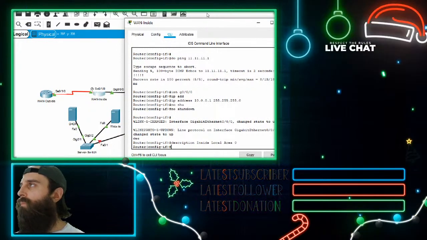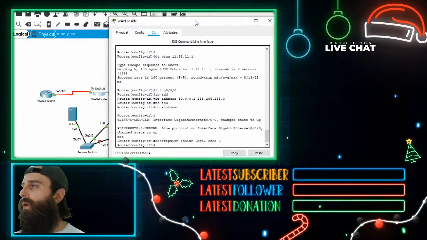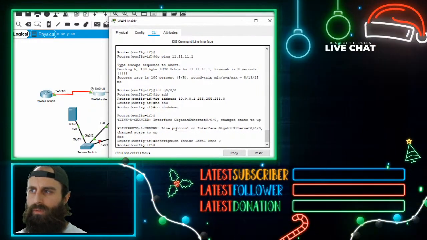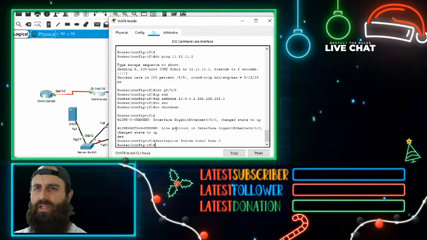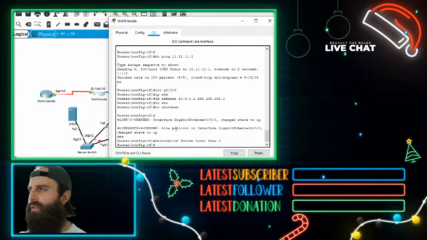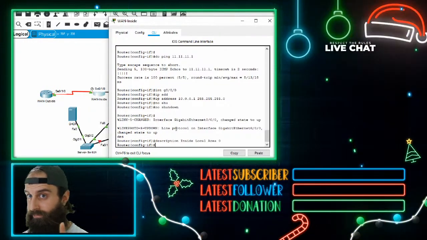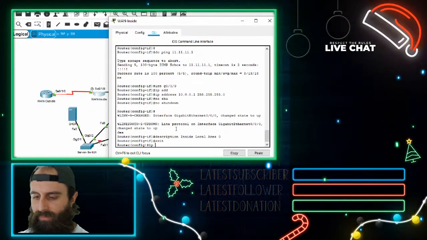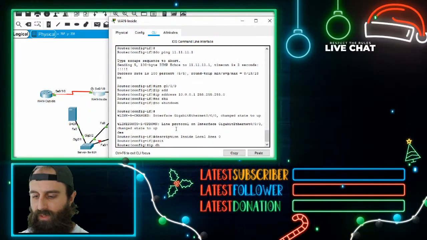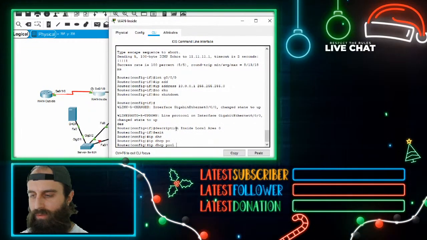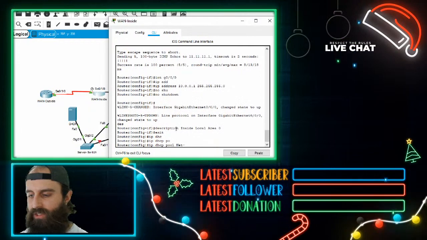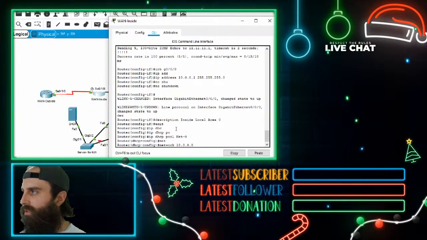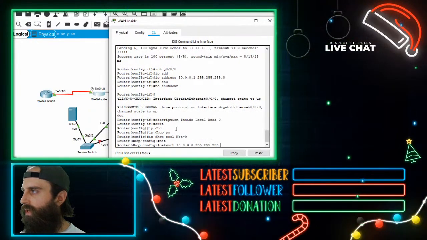All right, so that's the first one. Now what I will do, I'm only going to give this a DHCP for that little area. Okay. So let's exit out of there. IP DHCP pool. I'm going to say net-0 network 10.0.0.0 255.255.255.0.